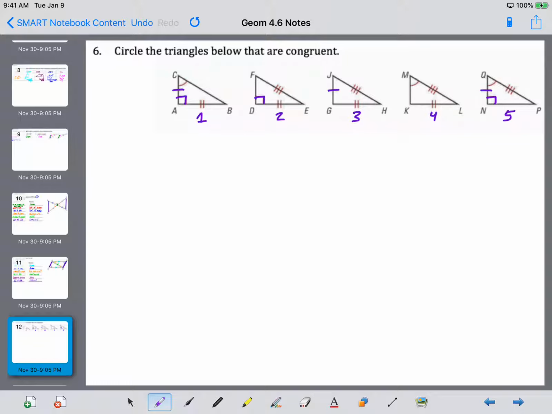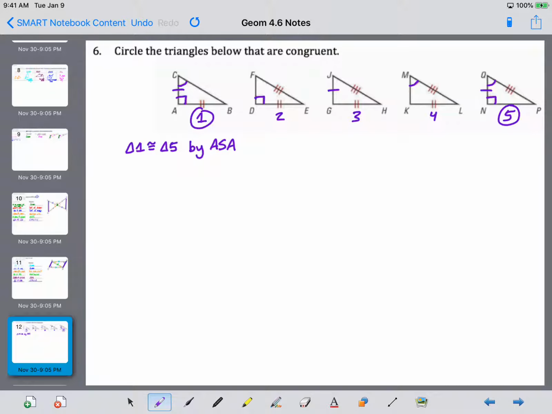And then I've got this angle on the top here, here, and here. Well, if you notice, those 3 marks I just made are the same on triangle 1 and triangle 5. That's angle side angle. So triangle 1 is congruent to triangle 5 by angle side angle. All right, so that's the first thing I can say.